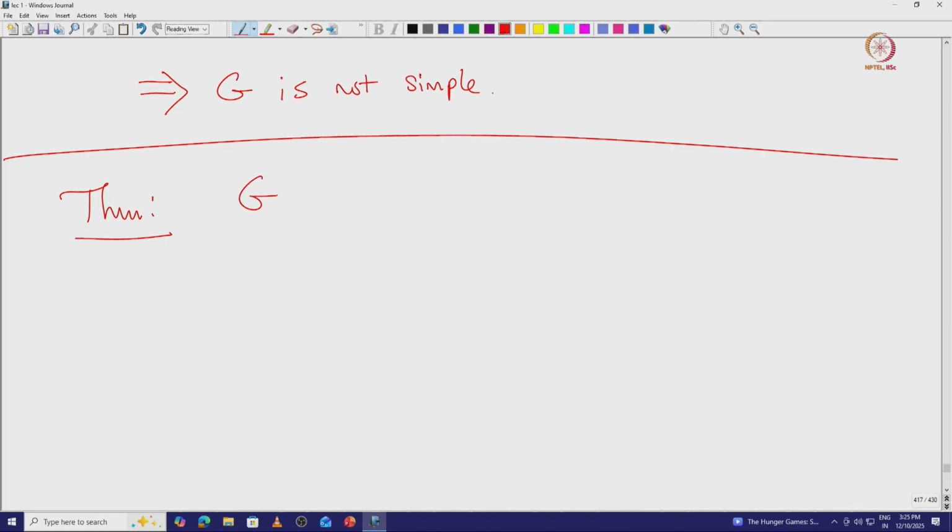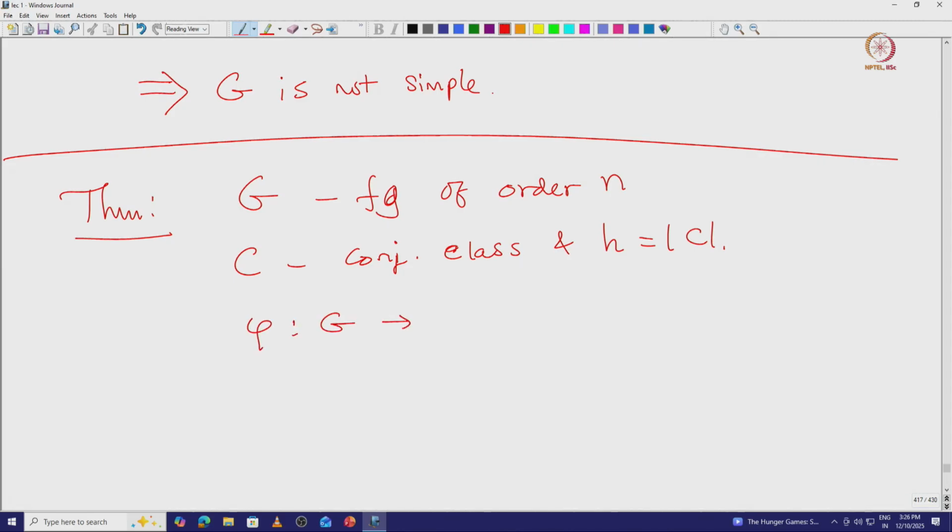So, we fix a finite group G of, let us say, order n. Then let us fix one conjugacy class C. We say that H is the cardinality of that conjugacy class, and we also fix one irreducible representation phi of this G. With these notations we have the following important assertion.